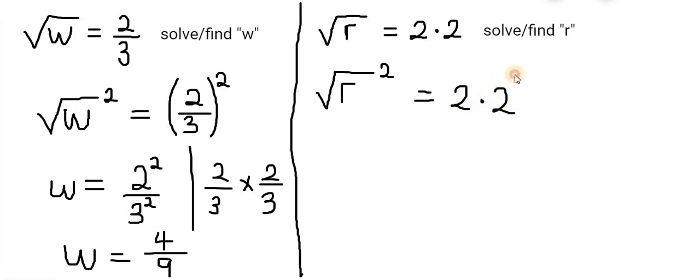So that's 2.2 to the power of 2. Now on the left, square root of r squared, that's just r. Now on the right, you can do this by hand or with a calculator. 2.2 squared is 4.84. Now I would advise you know how to use both a calculator and without a calculator.